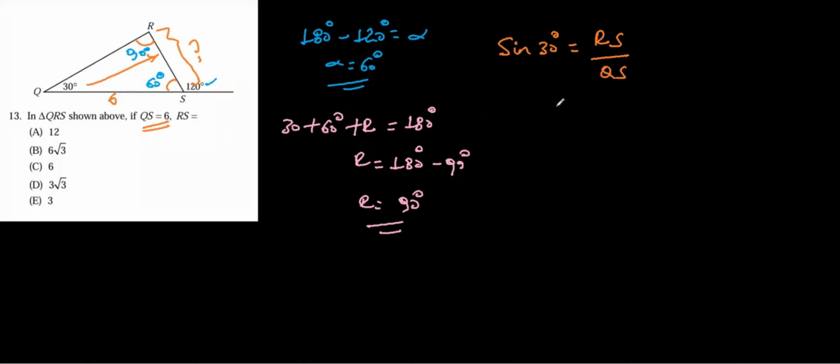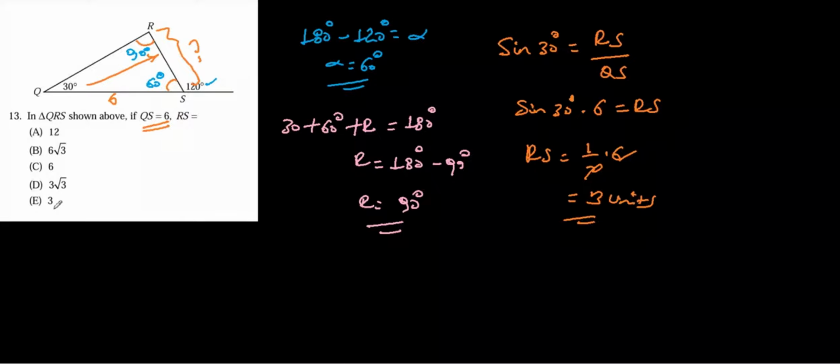So that means sine 30 degrees times 6 is equal to RS. So RS is equal to 1 over 2 times 6, which will be 3 units. So the answer will be this one.